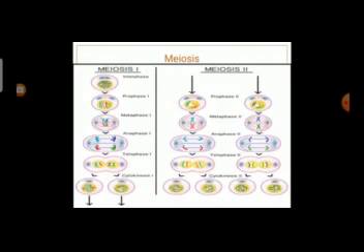The daughter cells resulting from this division are different from the parent cell in chromosome number, so it is called heterotypic. This consists of five stages: prophase 1, metaphase 1, anaphase 1, telophase 1 and cytokinesis 1.